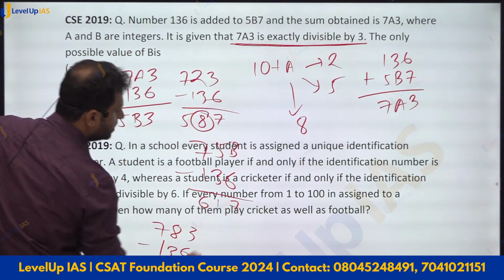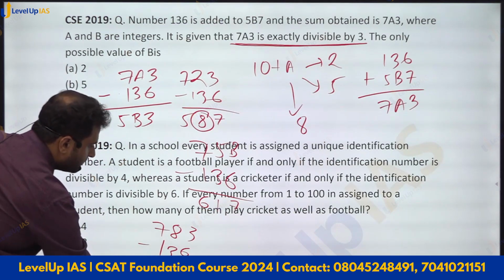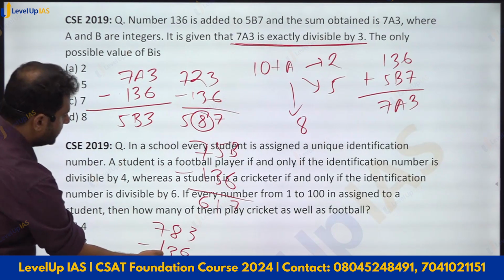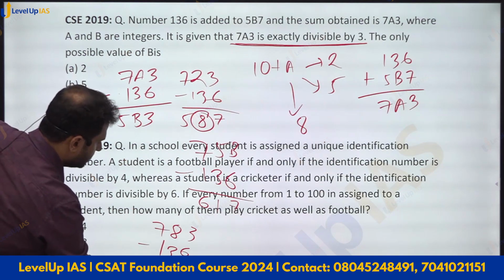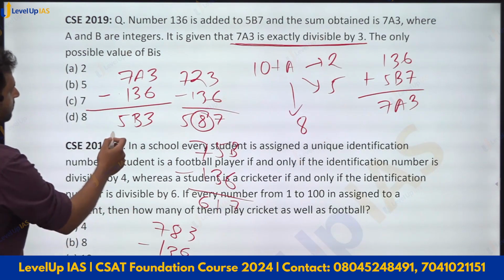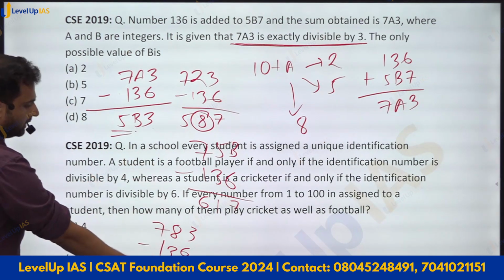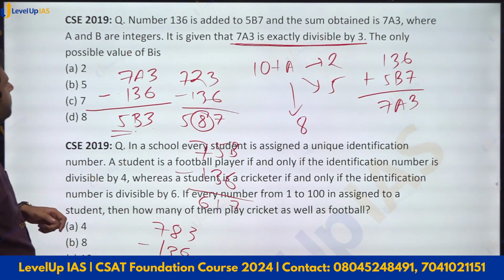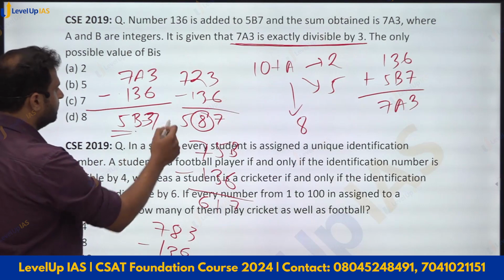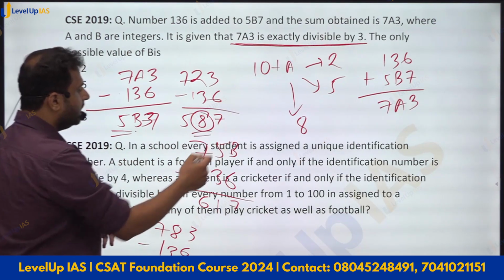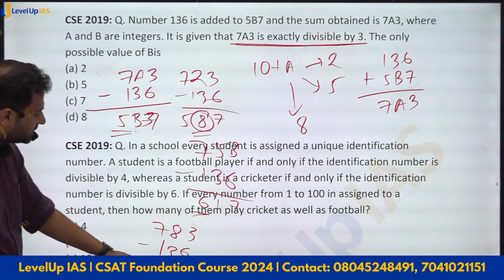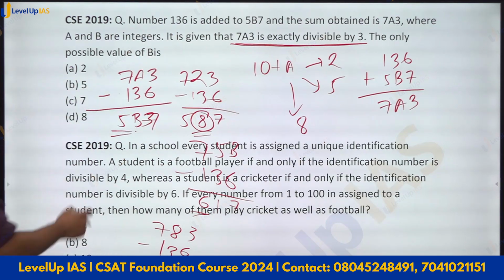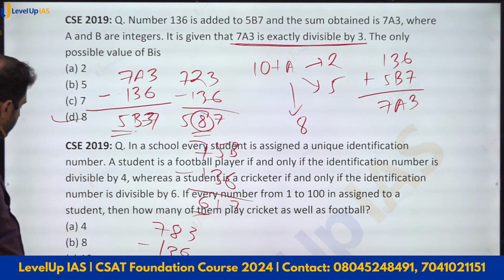This is 617, and this is 647. But we want something like 5b7. Here we are getting other numbers. So B has to be 8, because in other cases we are getting 6 at the hundreds place, which is not there. So the answer is D, 8.